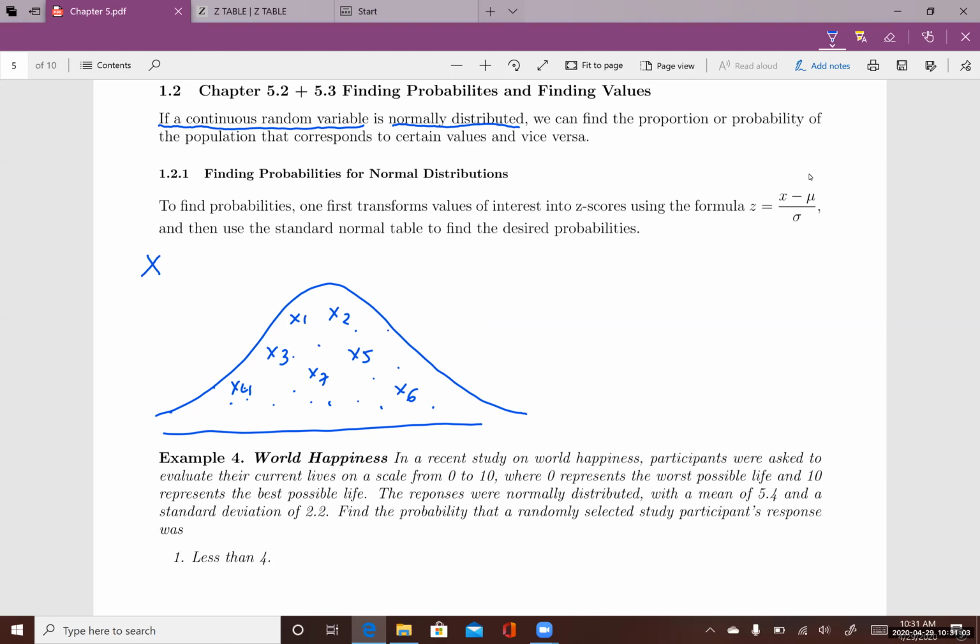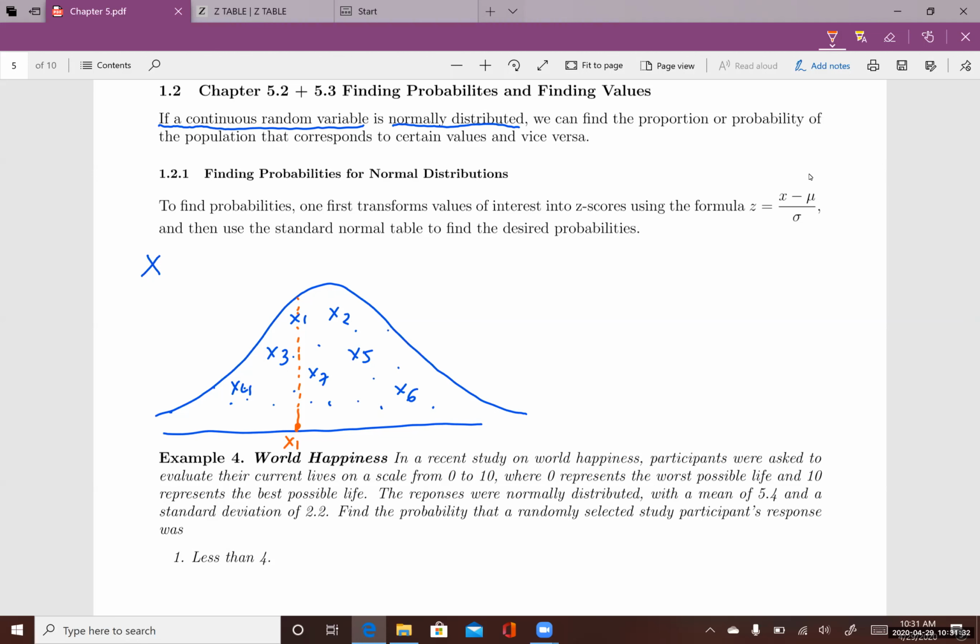So if you have a certain value from this distribution, from this random variable, let's say x1, right here.